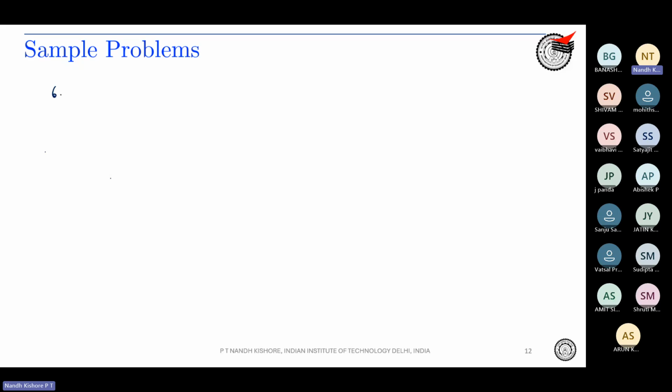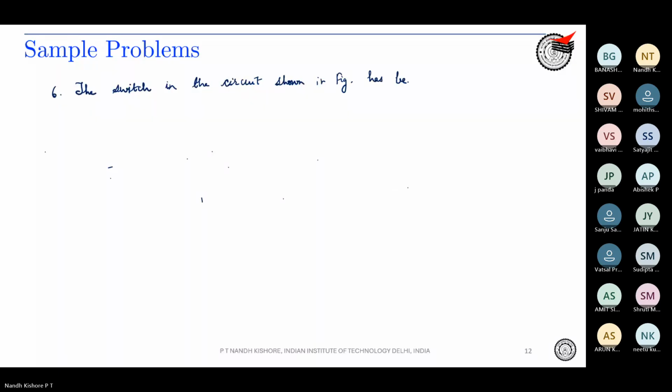So the question is, the circuit shown in figure has been closed for a long time.